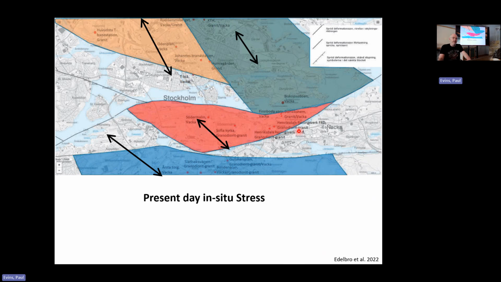An important part of the point is that because Stockholm is broken up into several blocks, like I showed with those strike-slip shear zones in Bäckström and Chang's model, these blocks all react to that stress differently, and they can bend the stress, and some of them will release some of the weakness zones.